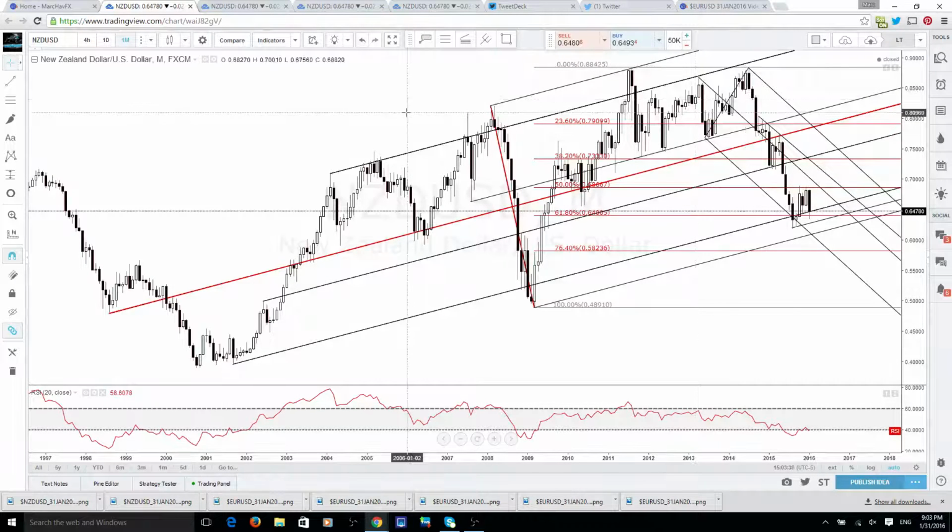Now I'm not saying you have to start drawing lines from every little point here, because then your chart will look like a child's drawing, and that is not the way you want to trade. But I'm just saying that price respects these, and that's what slope analysis is about.